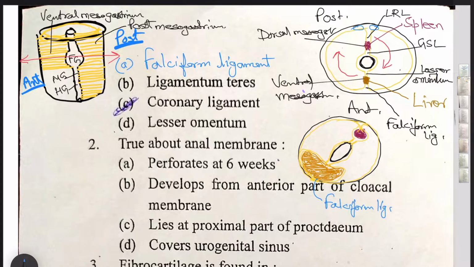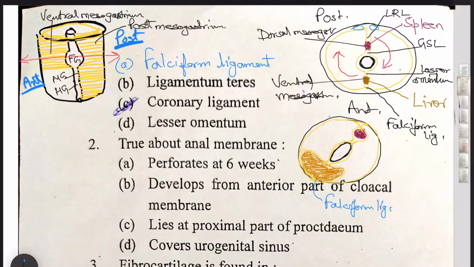And that portion of the liver which is touching the diaphragm, the posterior surface of the diaphragm, there also it leaves a gap, and that's the bare area of the liver behind. So posteriorly it spreads and leaves a gap, that's the bare area of the liver, and that's lined by the coronary ligaments. And those coronary ligaments later on terminate in a triangular manner, and that's why that's called triangular ligament.